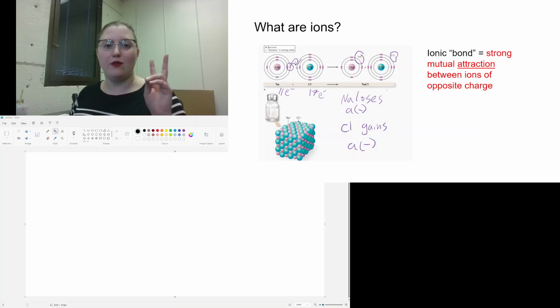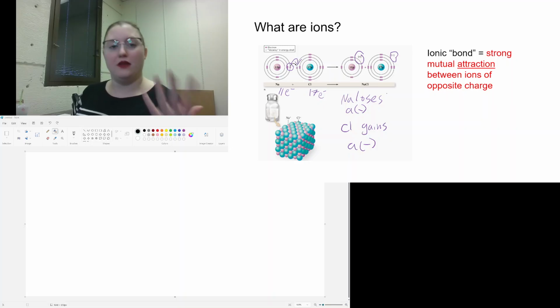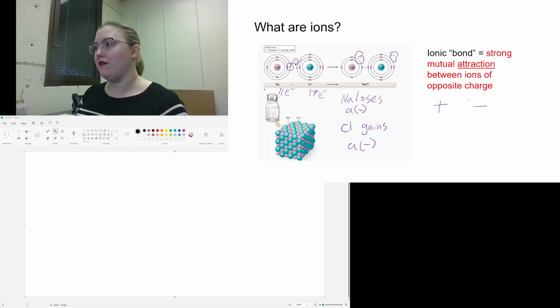So that's how we end up with ions. Gaining or losing electrons gives us a charge, either positive or negative. Okay, so an ionic bond is really just electrons being attracted to other atoms. Ions of opposite charge, positive and negative, want to be together. Okay?